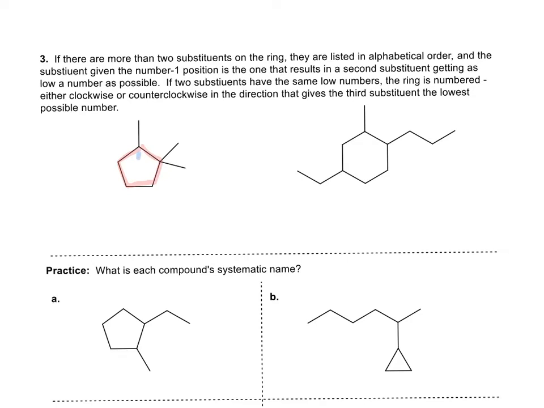So we could either call this number 1, this group could be 1, or these groups could be 1. So we want to give everything the lowest possible number. So we're going to say this is number 1 and this is number 2. So in this case, we're going to have 1, 1, 2, trimethyl cyclopentane.